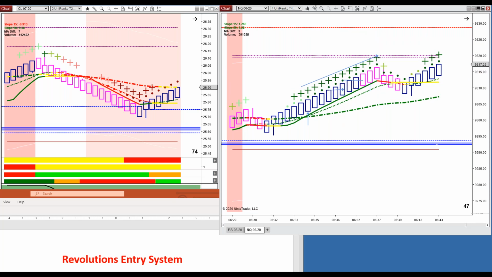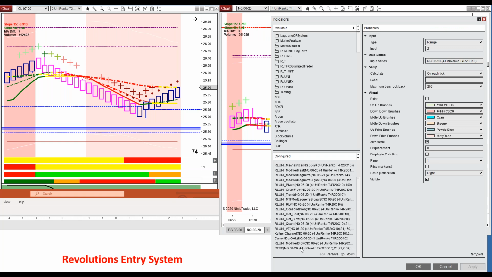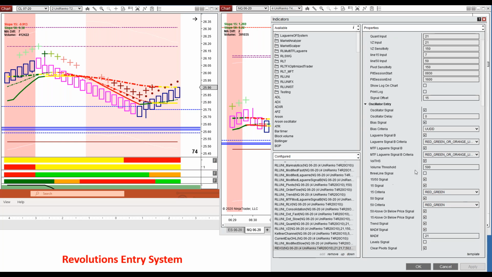With this system, we're going to have the ability to take the trade and exit when this green line changes color, and a much easier ability to get a nice runner on the system and not use a fixed ATM. The only thing the fixed ATM will do, and it's actually coded into the indicator, and I'll show it to you. We go to indicators and we go to the revolutions. It's going to ask you for your first target. Let me find it.